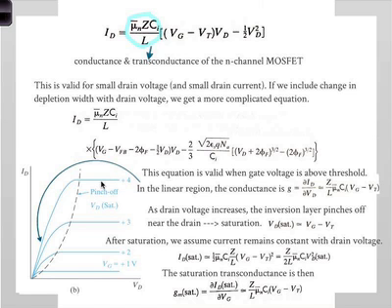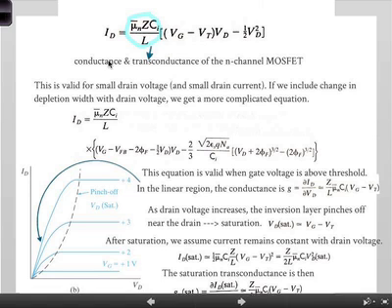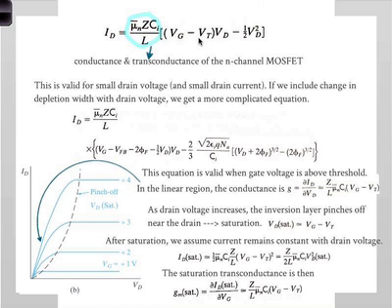The two regions where this is applicable: one is below saturation, and the other, our assumption is that the inversion layer exists. That means that the gate voltage is higher than the threshold. That was an assumption. In other words, Vg minus Vt is positive. Otherwise, this is not valid. We'll talk about subthreshold later on.